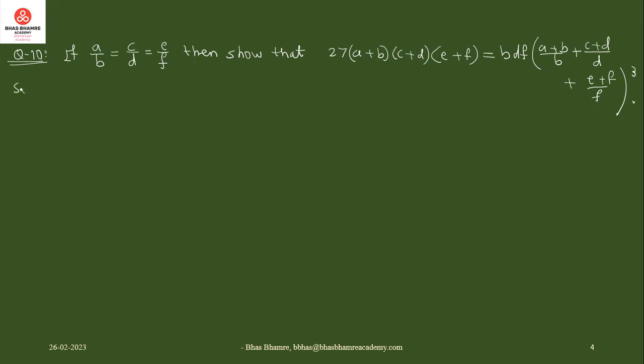So our solution goes with given A upon B is equal to C upon D is equal to E upon F. We call it K. So we get E upon F is K. Therefore, E is equal to FK.